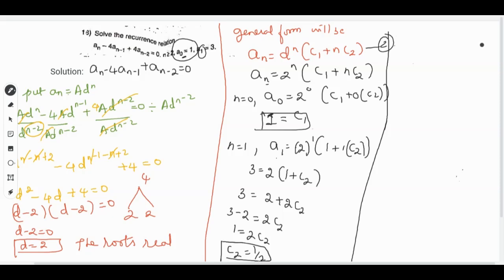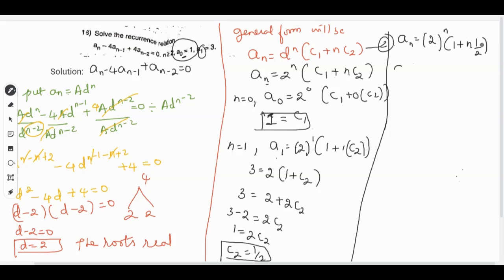Now substituting the values of c1 and c2 in equation 2, we get a_n equals 2 to the power of n into c1 is 1 plus n, c2 is 1 by 2.